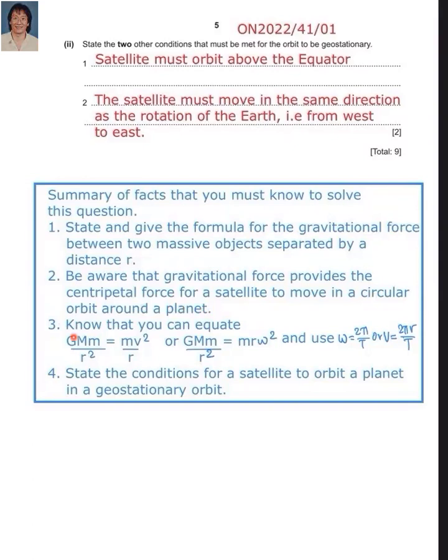Number 3, know that you can equate your gravitational force to m v squared over r, or to m r omega squared. And you must use either omega equals 2 pi over T or v equals 2 pi r over T, so that you can introduce your T into the expression. Number 4, you must be able to state the conditions for a satellite to orbit a planet in the geostationary orbit.